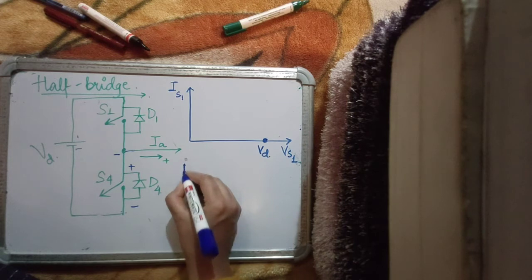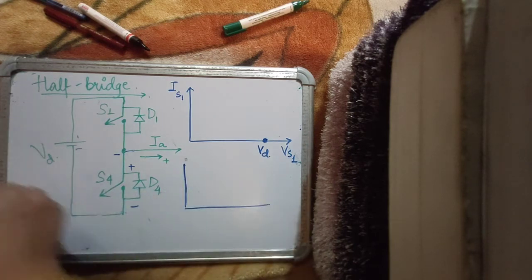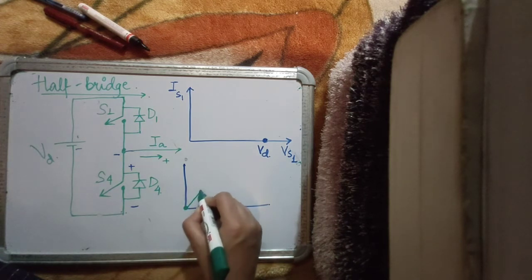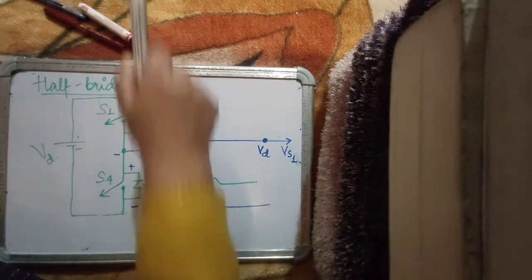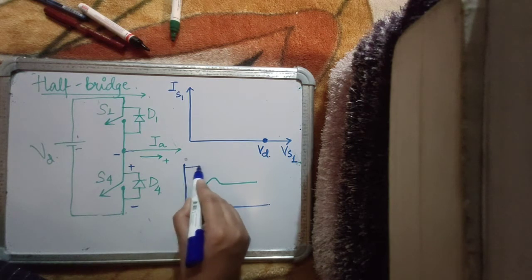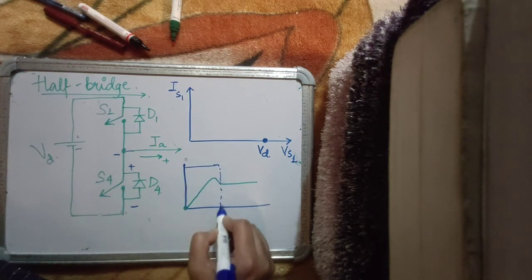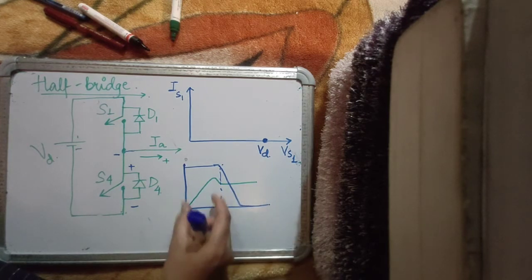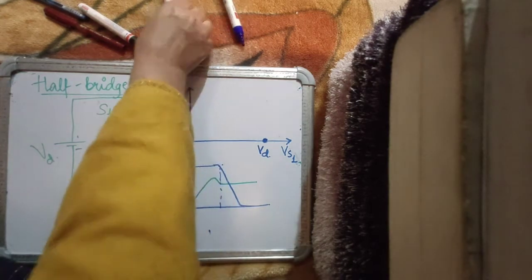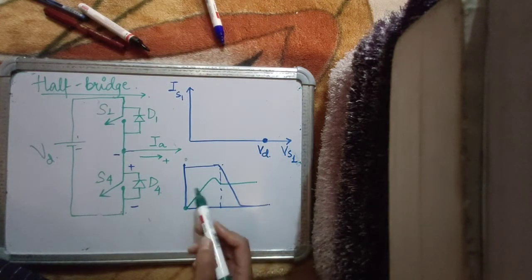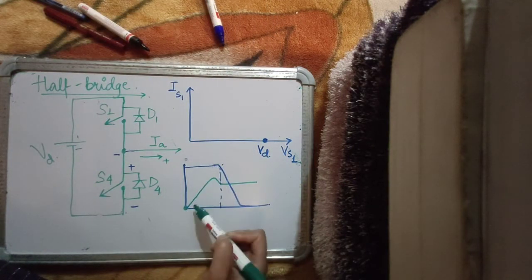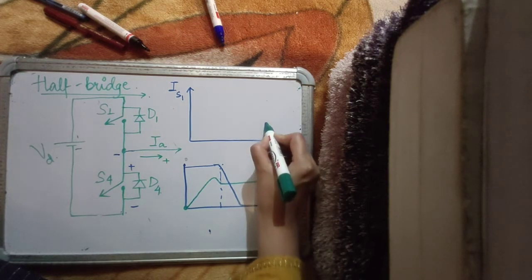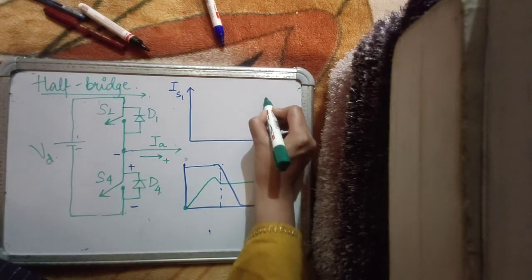Suppose at this instant I turn it on, the current will start rising till some finite value and the voltage will fall only when the current has risen, and this is because of the diode clamping. So let's see what happens in this interval. The turn on process: the voltage remains constant and the current starts increasing like this.